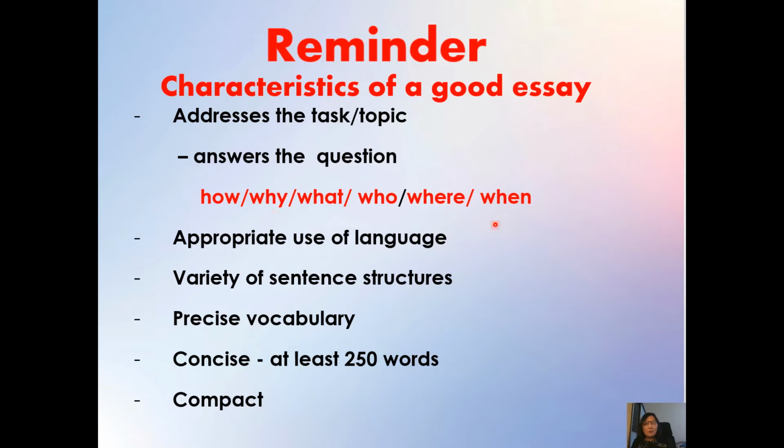A good essay also requires the use of appropriate language, and a variety of sentence structures are used. It also requires precise vocabulary in terms of word choice, in terms of spelling, and it has to be concise and compact, where you are required to write at least 250 words.